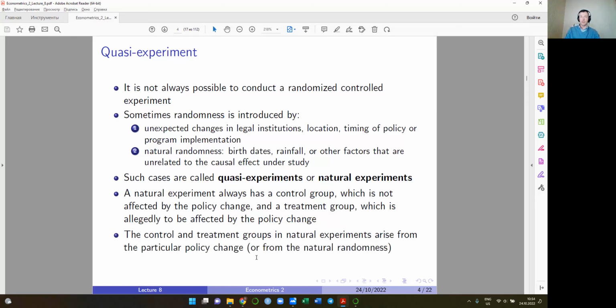One must be affected by the policy change, another one should not be affected by the policy change. And these groups in natural experiments arise from the policy changes, as I explained. So to some extent, it is random who is recruited and who is not recruited. And then this affects some variable which you can think of as a treatment, like losing a job, or maybe relocation of a person, maybe something else, like some military training, whatever.